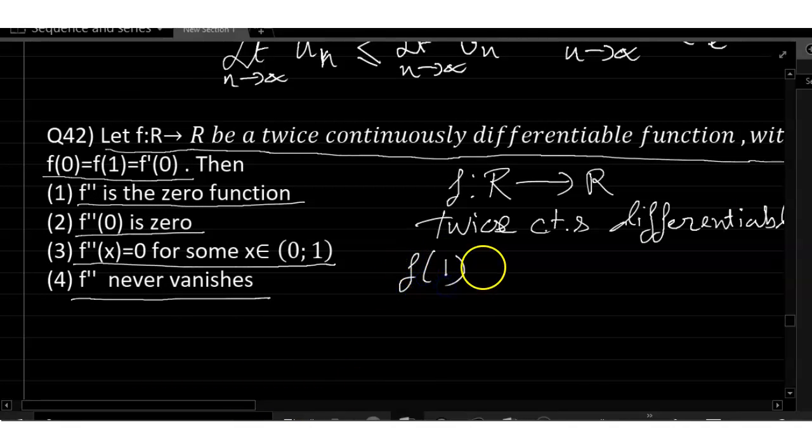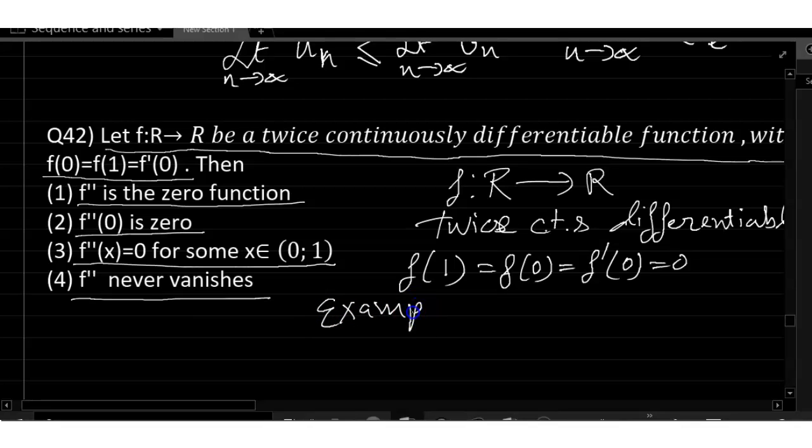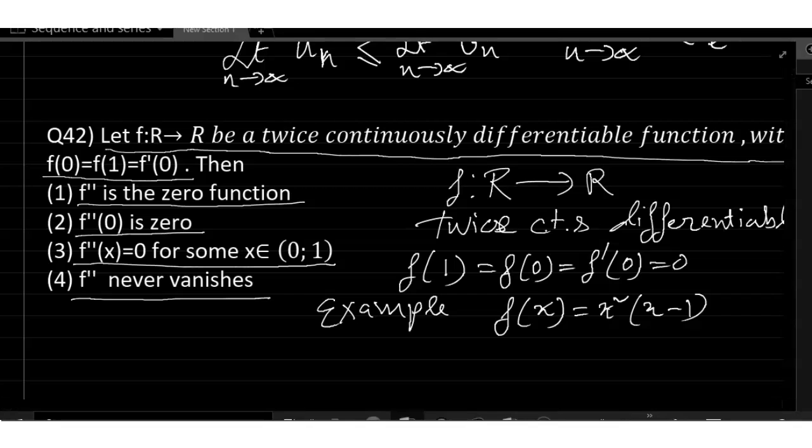So f1, f0 and f dash 0, for example, f(x) is equal to x square into x minus 1. So f1 equals 0, f0 is equal to 0, and f dash 0 equals 0.